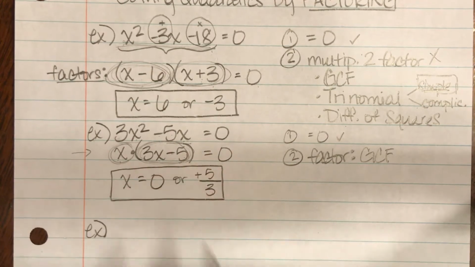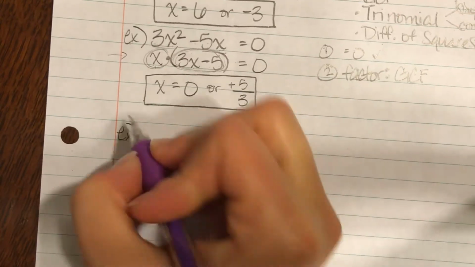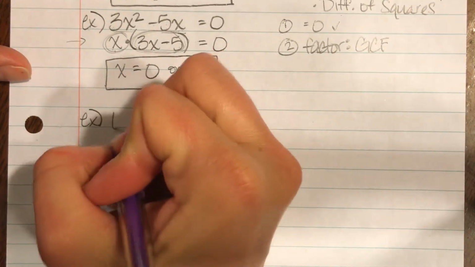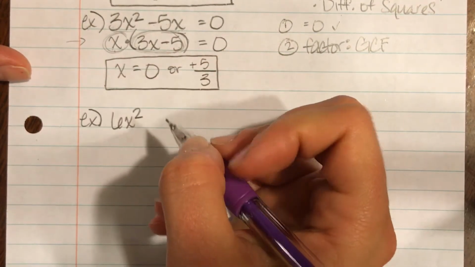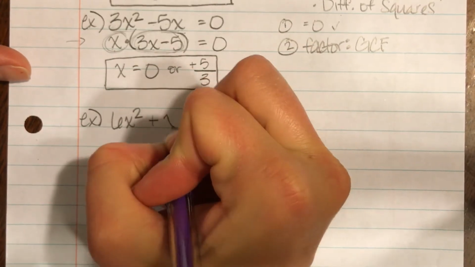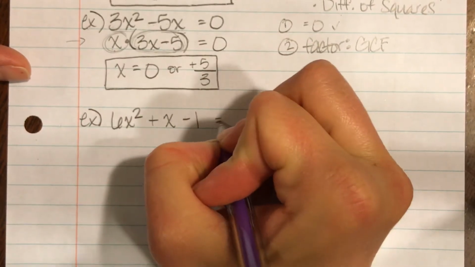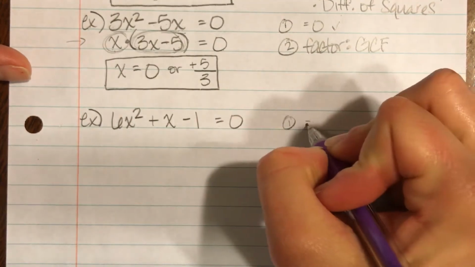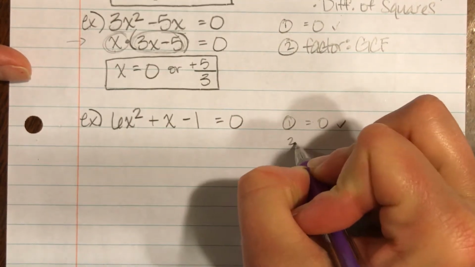All right, how about 6x squared plus x minus 1 equals 0? It equals 0, but it is going to have to be factored.